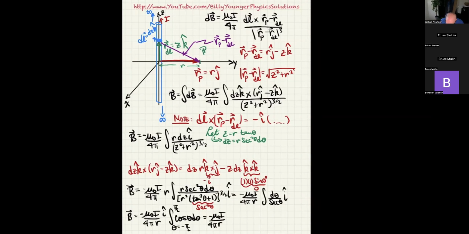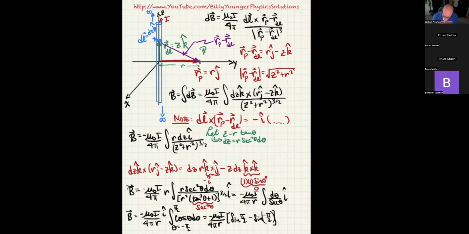Now the derivative of sine is cosine, so the integral of cosine is sine. So this is going to be sine of pi over 2 minus the sine of negative pi over 2. And of course, the sine of pi over 2 is 1, and the sine of negative pi over 2 is negative 1.